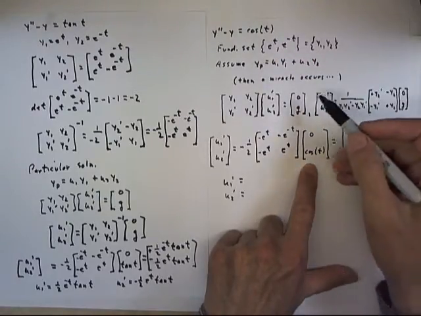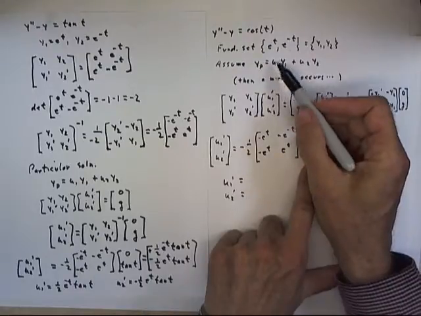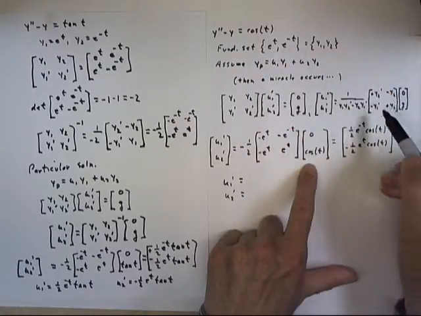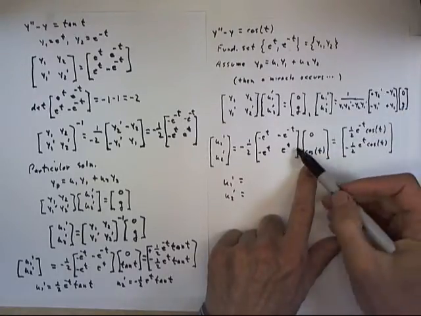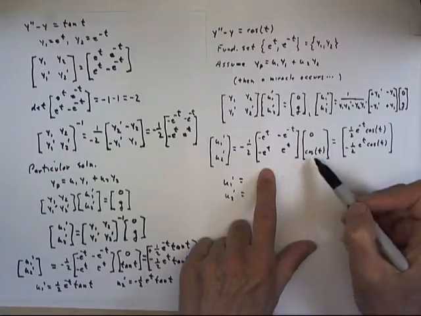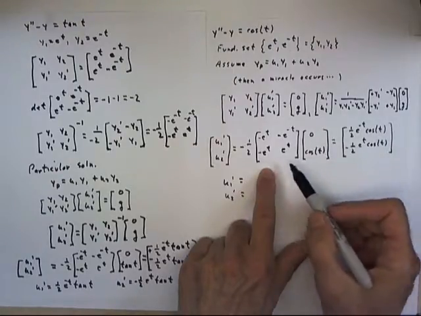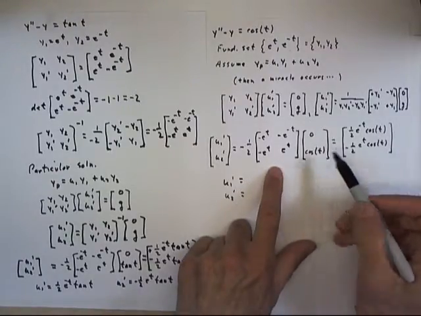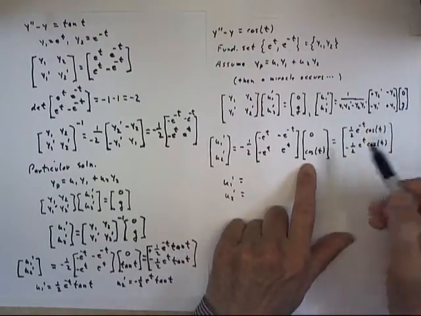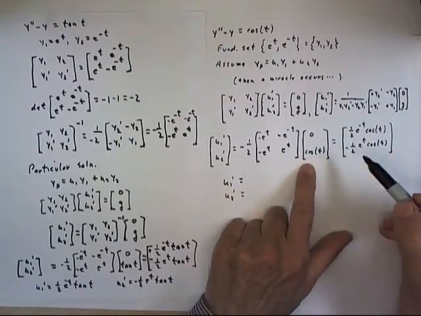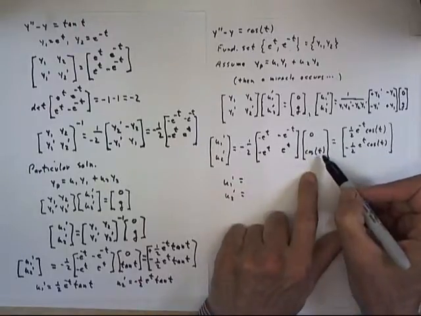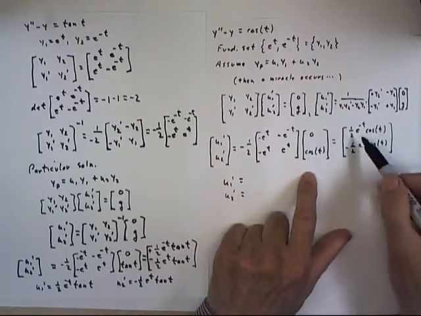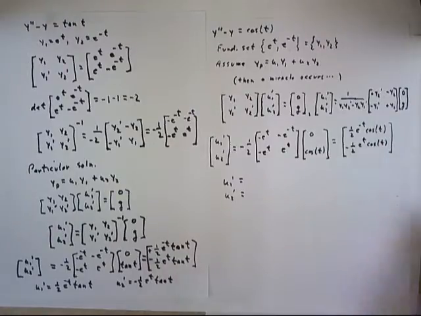So if we just plug our y1 and y2 functions into this formula here, this is what we're going to get. And I'm not going to go through the details of that. It's very straightforward. We simply do the derivatives where necessary and keep track of our signs and so forth, and we get this. And if we multiply this out, we get these two equations.